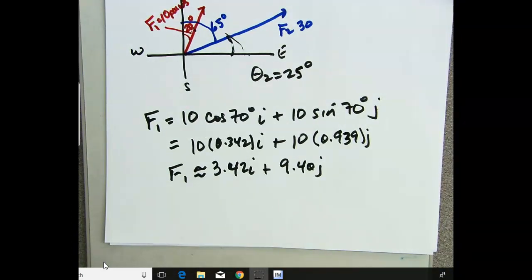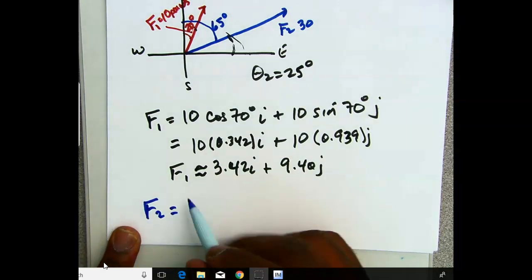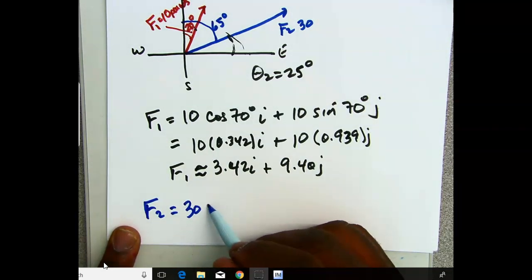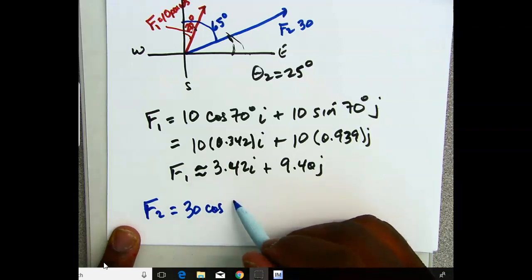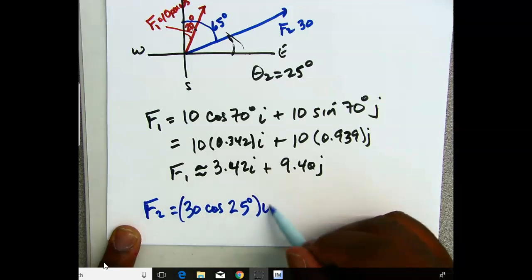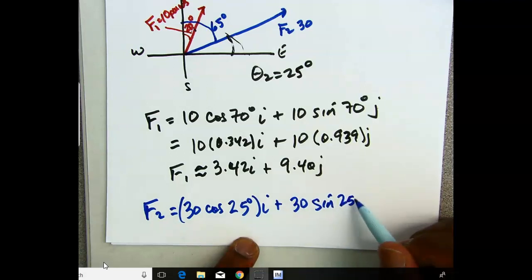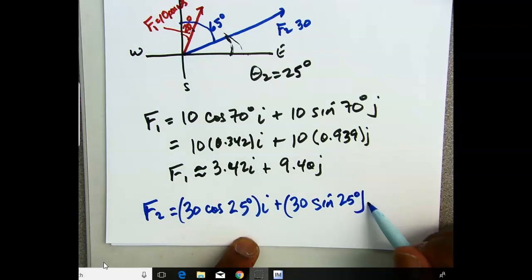So let's do the same thing for force 2. Our second force is going to be 30 times cosine of 25 degrees, and that'll be i, plus 30, which is our magnitude, times sine of 25 degrees, and that's our j.